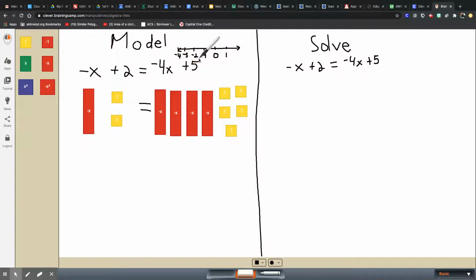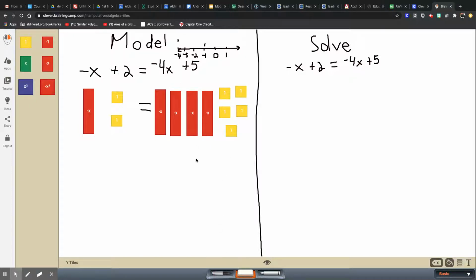Now remember, my lower numbers, or my least valuable numbers, go to the left of my number line. So if I've got a negative 1x here and a negative 4x here, this negative 4 is smaller than this negative 1. So it's easier to cancel out this negative 4x right here.